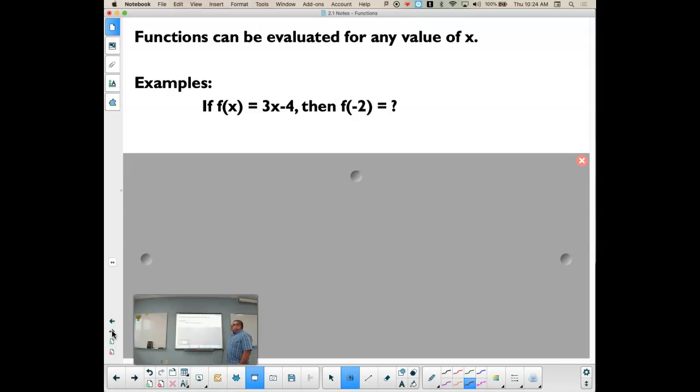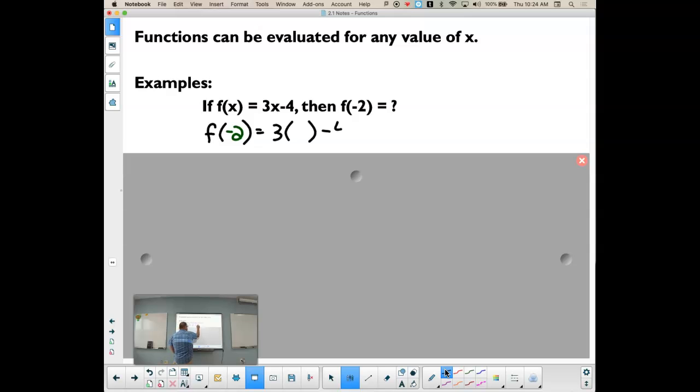We want to evaluate that at, or find, f of -2. If I find f of -2, what I've done is replaced x with -2 on the left. So on the right, I would do exactly the same.